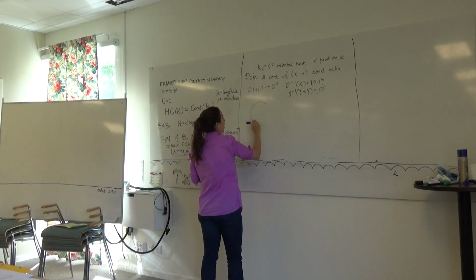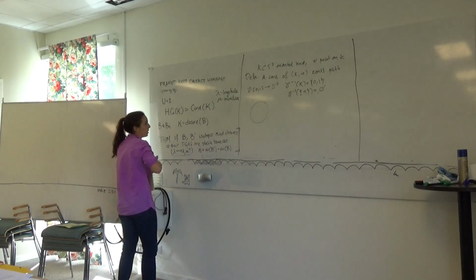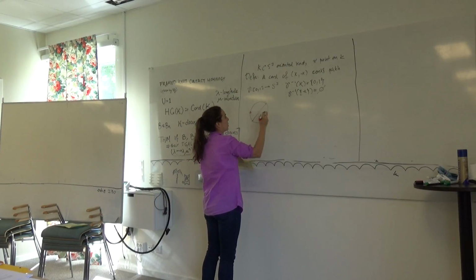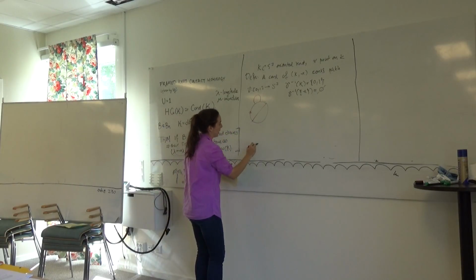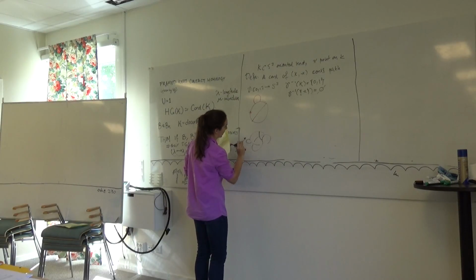So if I were to draw the unknot, a chord could be this guy. Let's say this is our point star, or it could also be here. If I had a more complicated knot, like a trefoil, then maybe my chords could be passed like this, or like that, or like that.